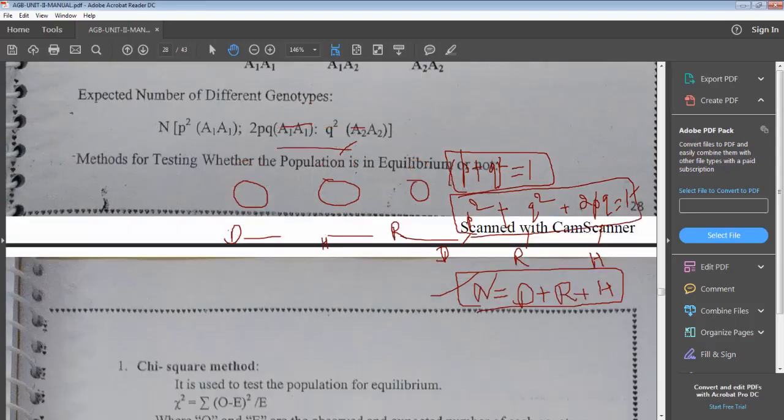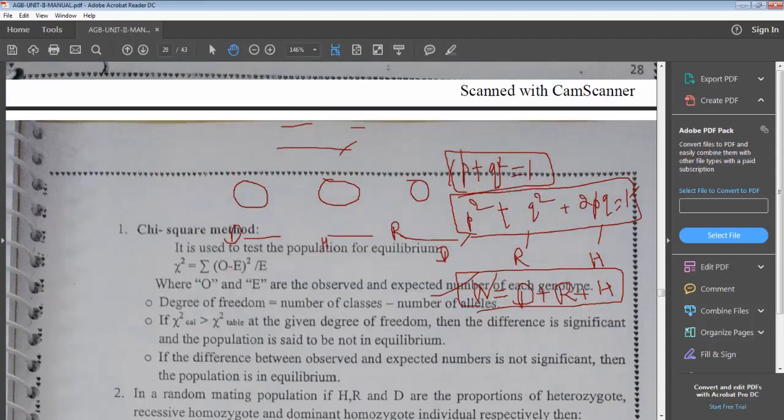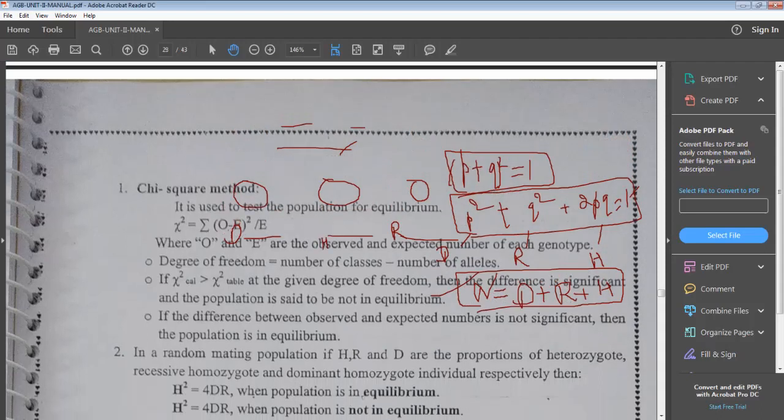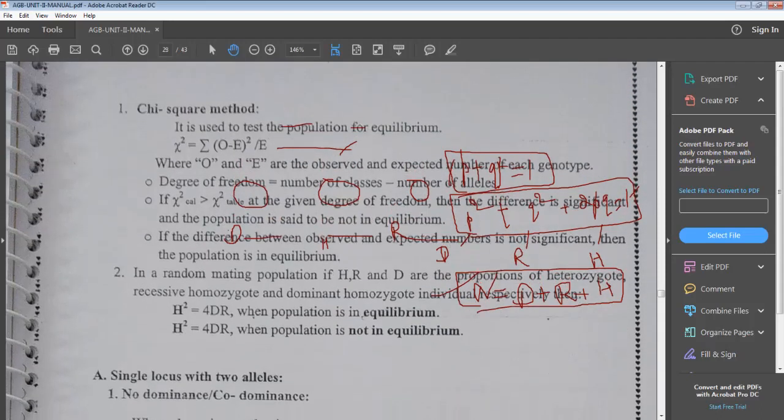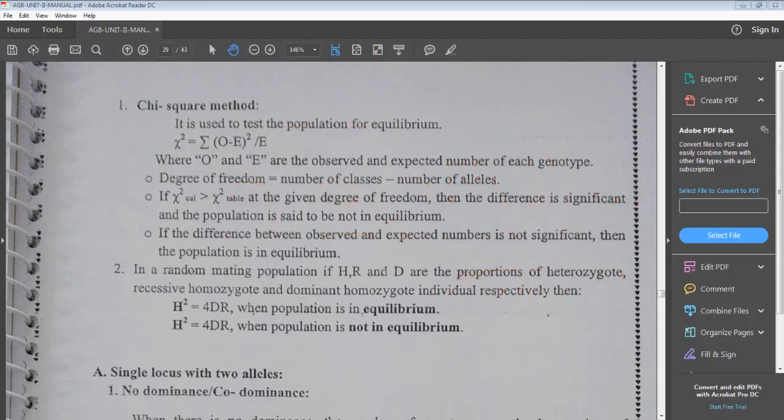And move further. The methods for testing whether the population is in equilibrium or not. One is the chi-square method. Chi-square is (O minus E) square by E. You had read this in your stat course.